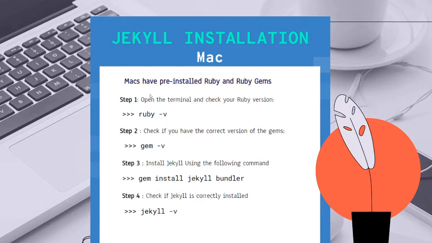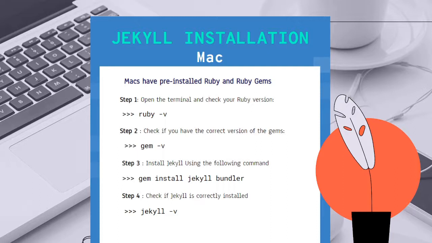Okay, since this is a Windows machine, I won't be able to show you how to install Jekyll on Mac. However, it is much easier than on Windows because Macs have Ruby and RubyGems pre-installed, so we don't have to worry about installing those. What you have to do is check if you have the right Ruby version. I think that Jekyll runs on Ruby 2.1 or higher.